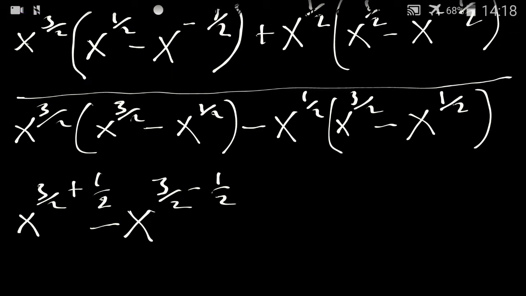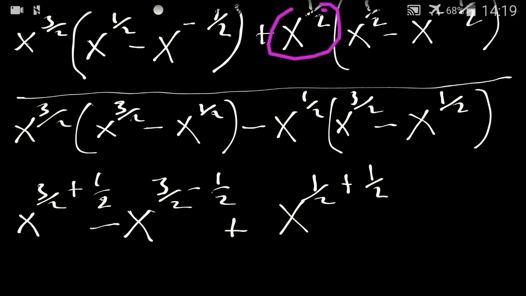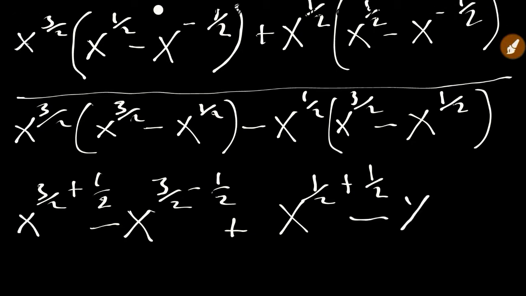So don't forget to write your plus and then multiply the x outside to the x inside. Take one of them, which is x, and then add the powers, and also x outside multiply x inside, but remember plus times minus is minus. So therefore x and x, take one of the x and add the powers. Remember that one has a negative sign, so plus and minus will be minus half.